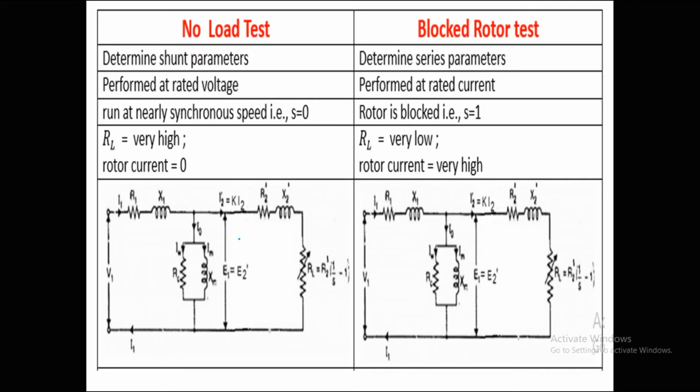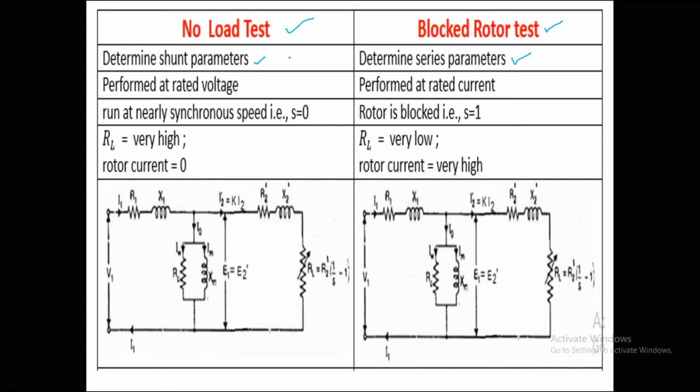Now we'll have a comparison of the no load and blocked rotor tests, and similarly make an observation of the behavior of an induction motor when we perform the no load and blocked rotor tests. We know the no load test is for obtaining the shunt branch parameter and the blocked rotor test is for the series branch parameter. Totally we have two types of losses, one is fixed loss and another one is variable loss.